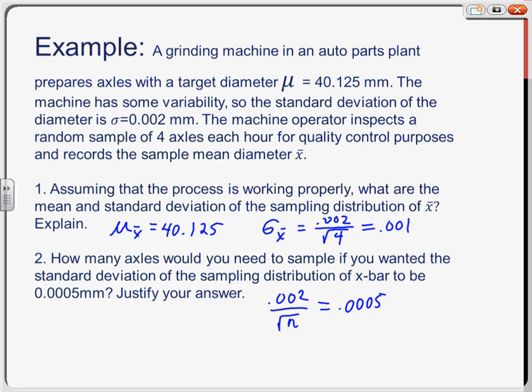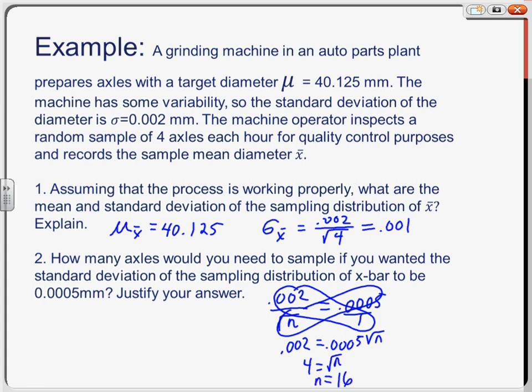So we can put that over 1, cross multiply, divide by your 0.0005, and then square. So we would have to take 16 an hour to have a variance that low.